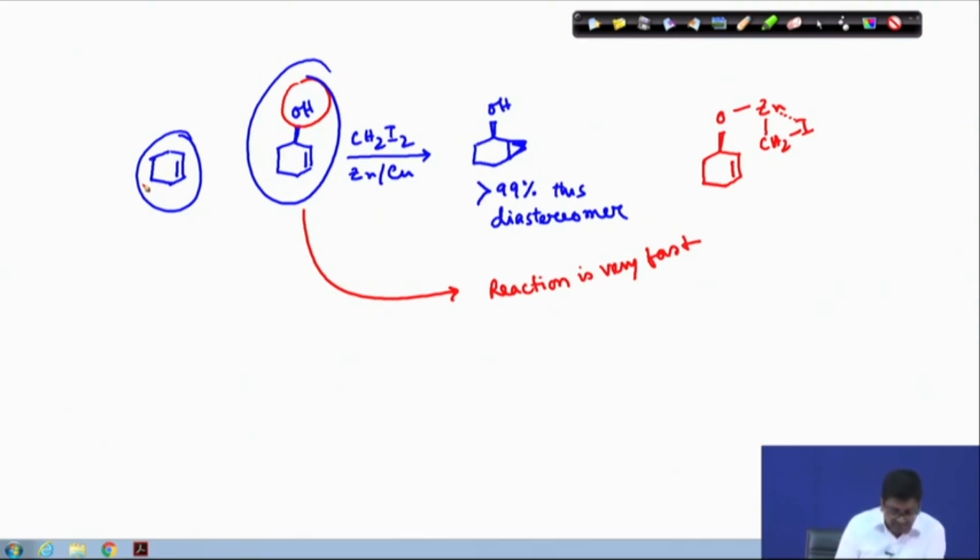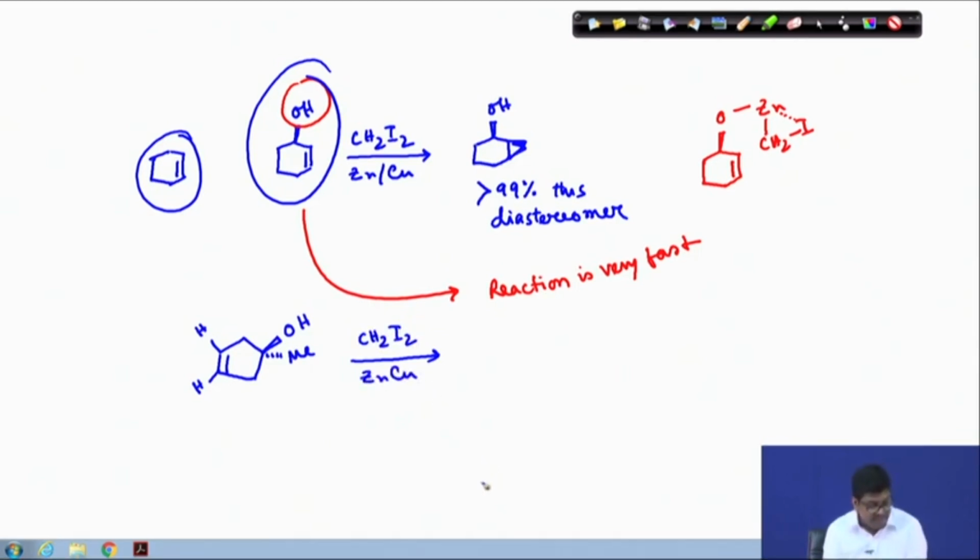Next we will see another example. If we take this cyclopentene alcohol and treat it with the Simmons-Smith reagent, again in this case this reaction is highly stereospecific.